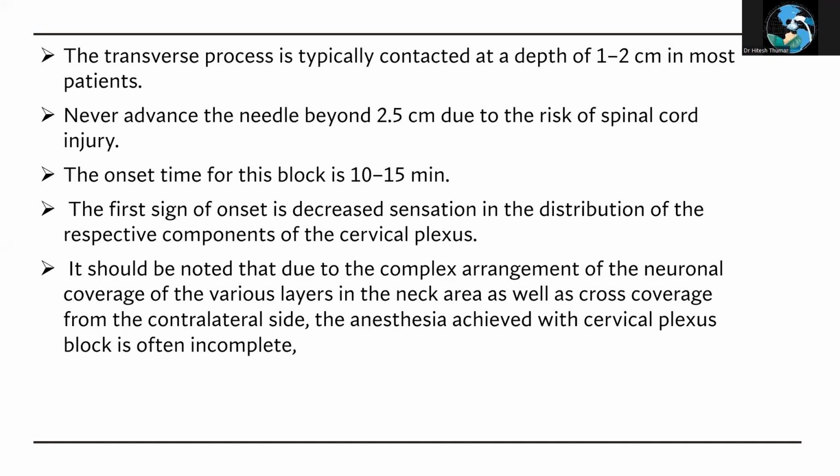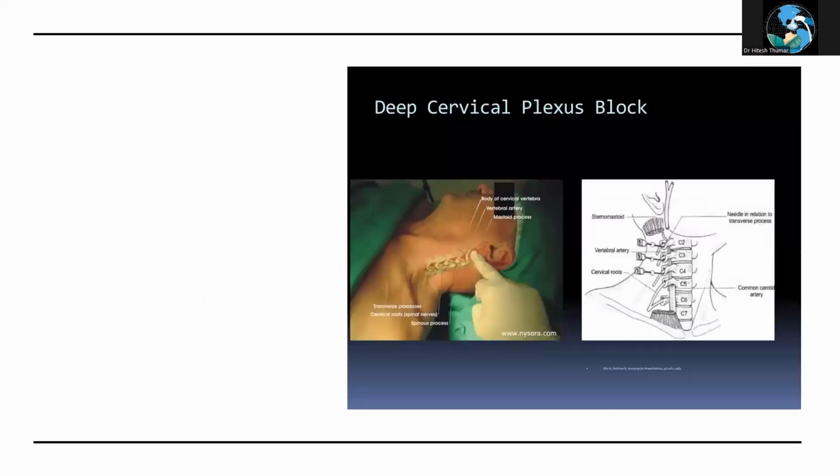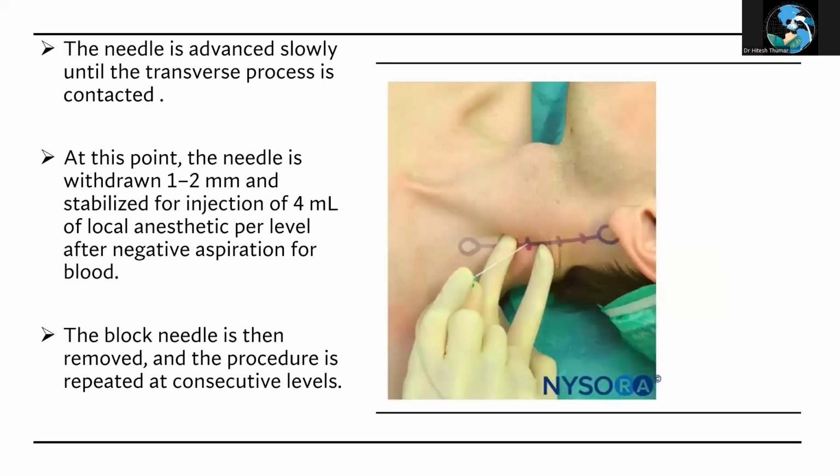For this deep cervical plexus block, you must insert the needle at 3 sites along the line from the mastoid process to the C6 Chassaignac's tubercle. This is the mastoid process and this is the C6 tubercle. You must identify 2 centimeters, 4 centimeters, and 6 centimeters. At each transverse process, C2, C4, and C6, you must hit the transverse process, come back, and deposit 2 to 4 ml.